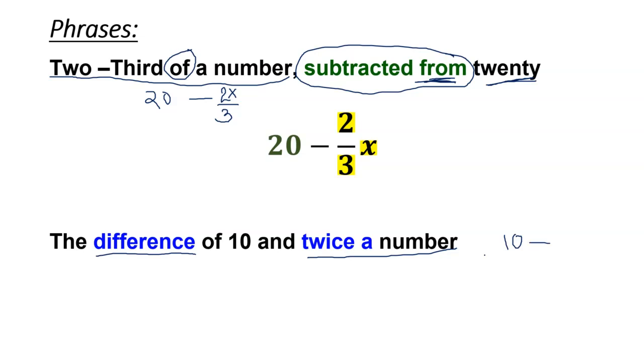Because we don't know the number, you can choose any variable. I'm choosing x here. My number is x. You can choose y, z, whatever you like. And I will write this as 10 minus 2x. So, as I said earlier, with subtraction, the order in which you write will matter. Let's look at some more examples.